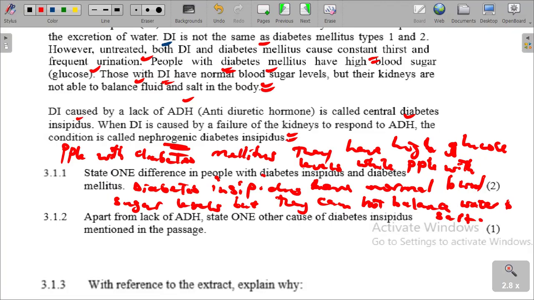And then, apart from lack of ADH, state one other cause of diabetes insipidus mentioned in the extract. One other cause is failure of the kidney, which is given in the essay.